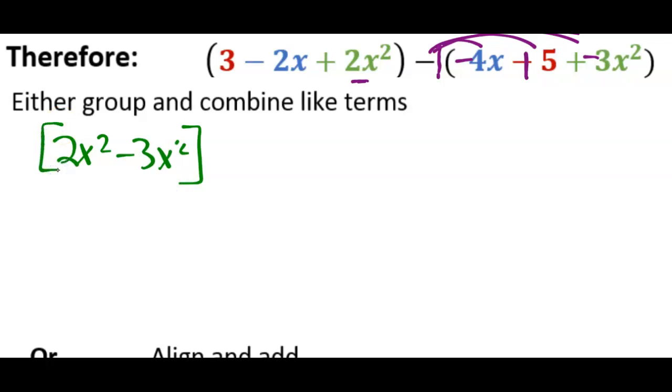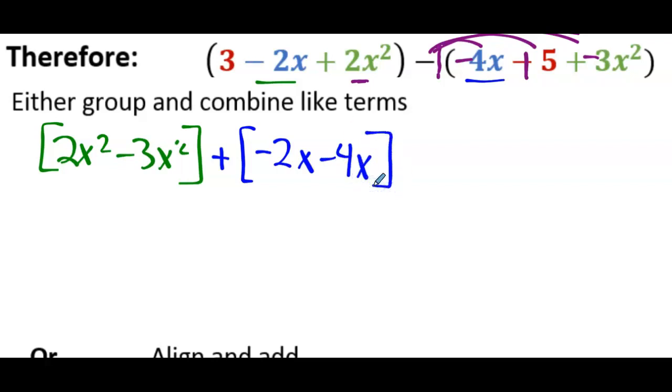Okay. So now my next term would be blue because it's my x term. I'm going to add these things together. And what do I have in blue? I've got a minus 2x, and I've got now a minus 4x. So I want to combine these. Okay.